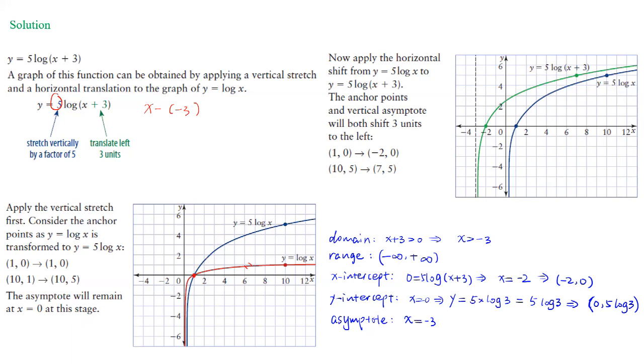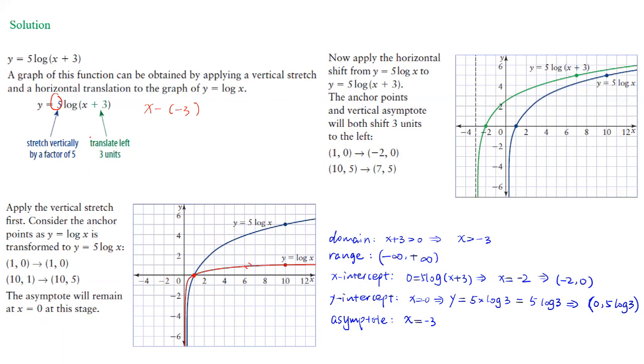The only change here is the original curve is stretched vertically by a factor of 5. So it becomes the blue curve as shown in the graph here. All right. And there is no change to the asymptote. The asymptote will remain at x equals 0 at this stage.